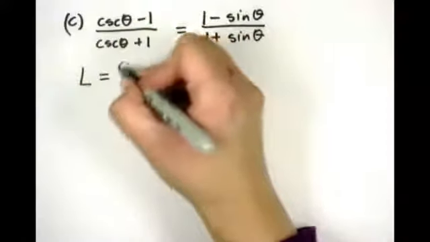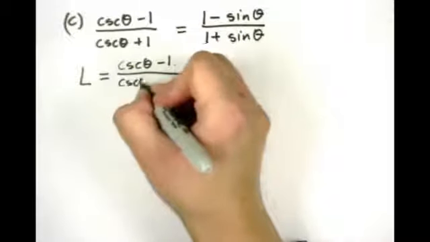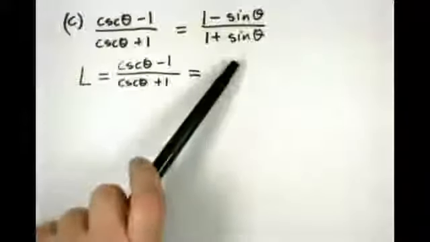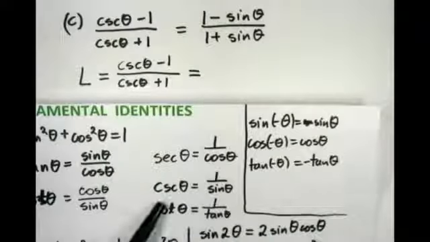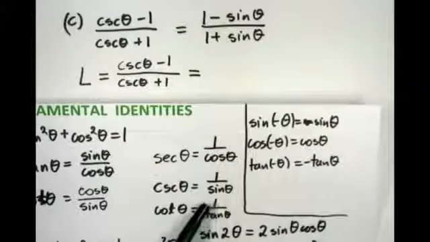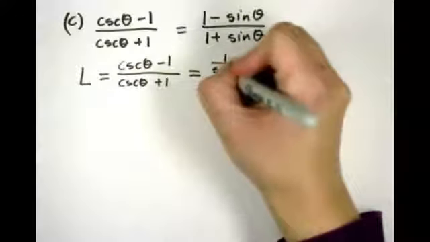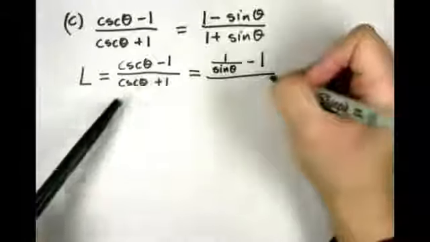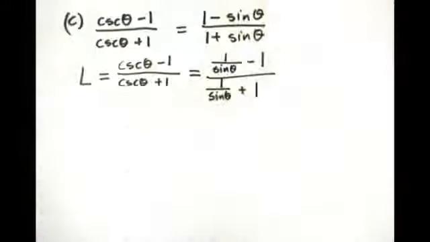Since on the right side I don't have cosecant, I have only sine, I need to change that cosecant to sine. So I'm looking in my identities. Cosecant is nothing else but 1 over sine. So I will write 1 over sine theta minus 1, all over 1 over sine theta plus 1.